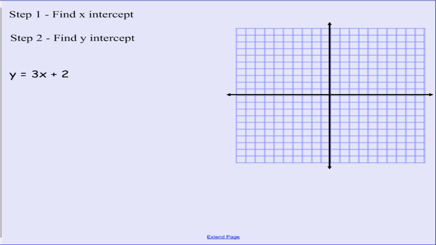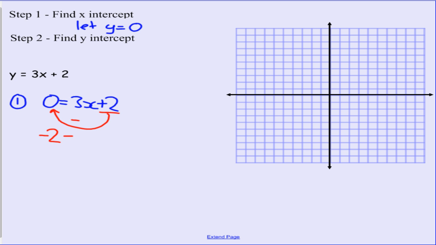Okay, first example, y equals 3x plus 2. So to find the x-intercept, we need to let y equal 0, rearrange it to find out what x equals. So here is our step 1. Let y equal 0, so that means 0 equals 3x plus 2. Now, rearranging this equation, we have a plus 2 and we want to move it away, so we've got to take it away.